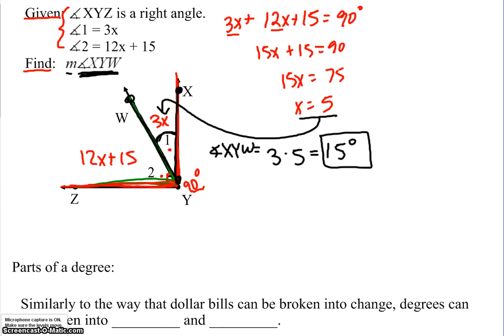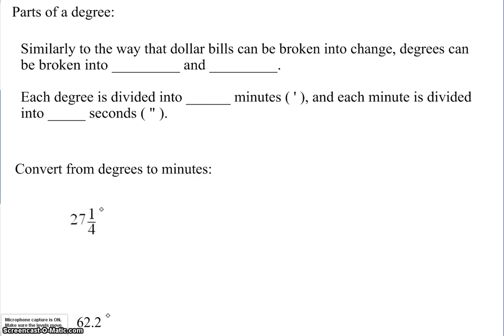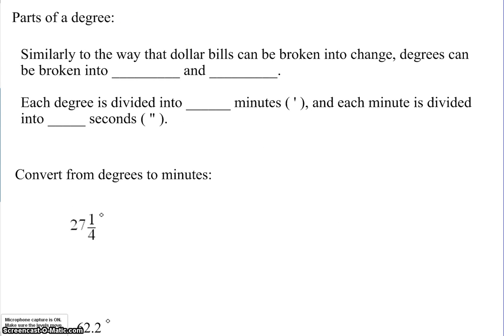Next one here, parts of a degree. So kind of like the way that dollar bills can be broken into change, degrees can also be broken into minutes and seconds. It's also kind of like time. If I said to you, put this in the microwave for 20 minutes and 15 seconds, you can talk about that.